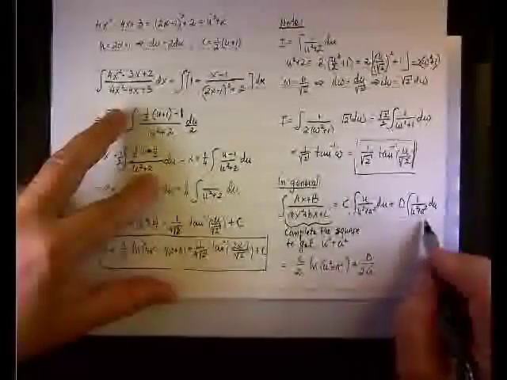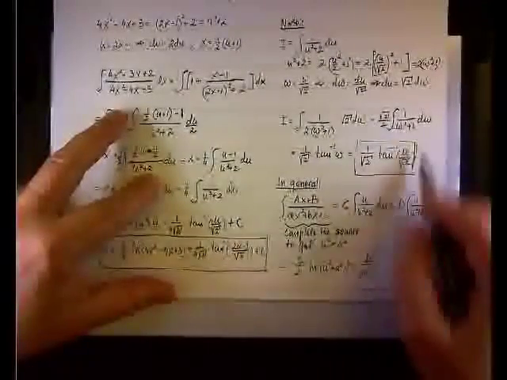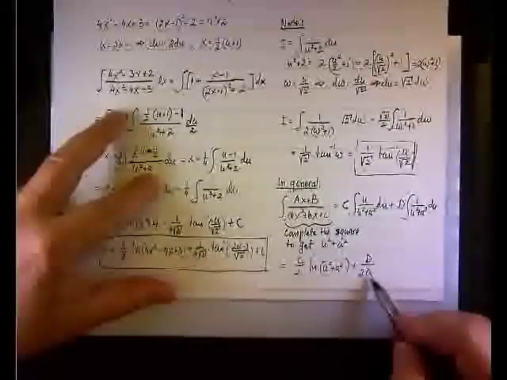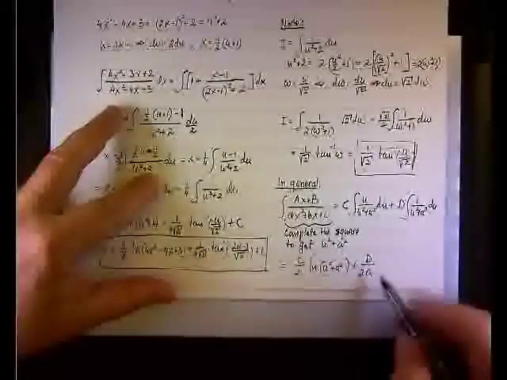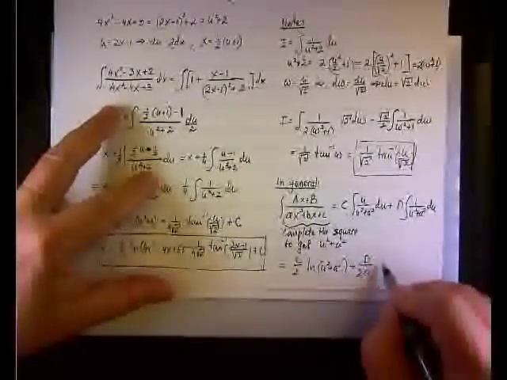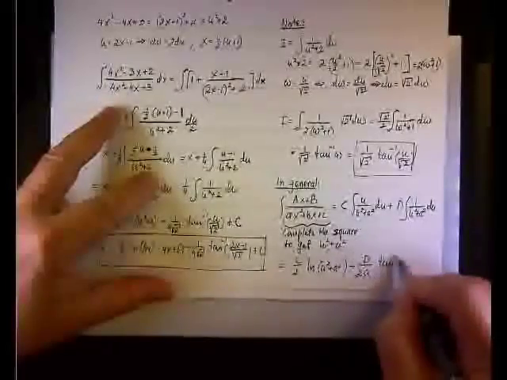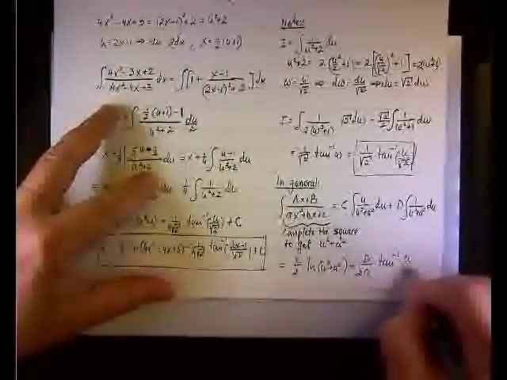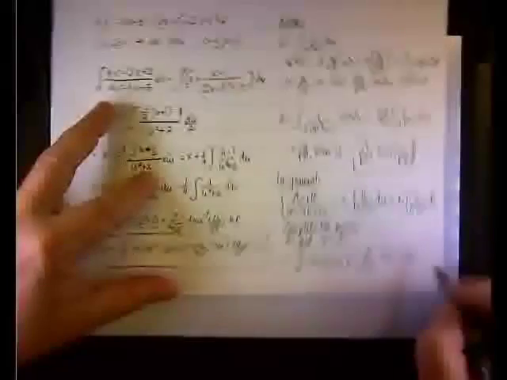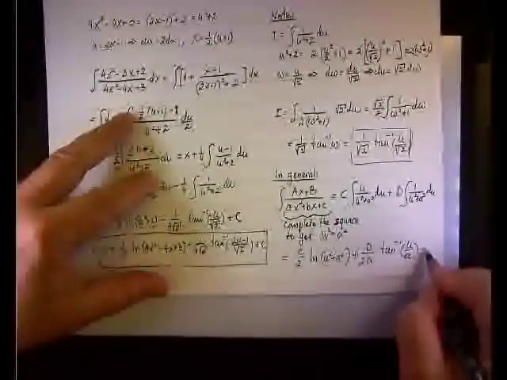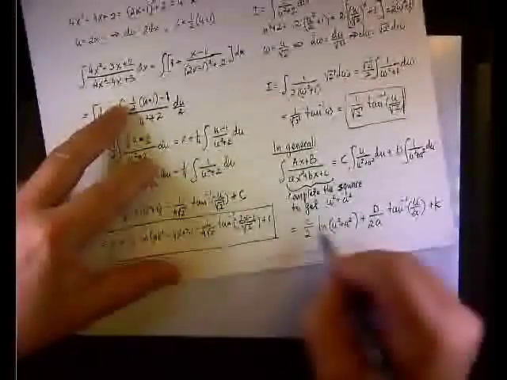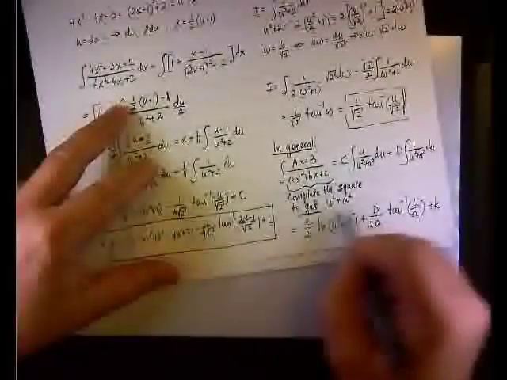Remember, in our case a squared was 2, so 2a was 2 times square root of 2. And the inverse tangent of u over a, like so, plus some constant, let's call it k, because I have c and d already.